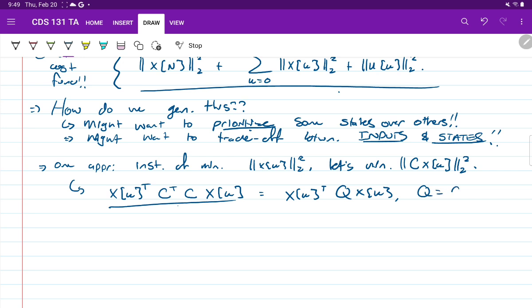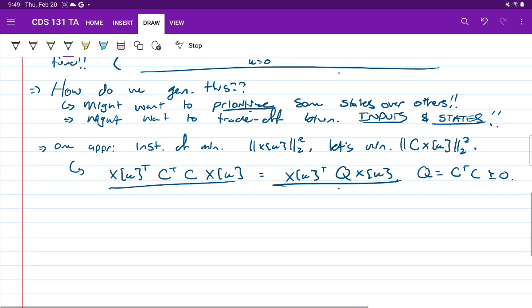Where Q equals C transpose C is going to be some positive semi-definite matrix, okay? So this kind of suggests that as a generalization, if we want to prioritize some states over some other states, this xk transpose Q xk, which is a positive semi-definite quadratic form, might give us this nice generalization that we want, right?